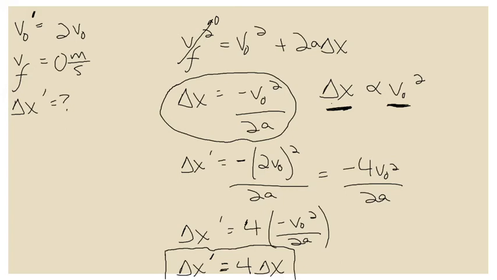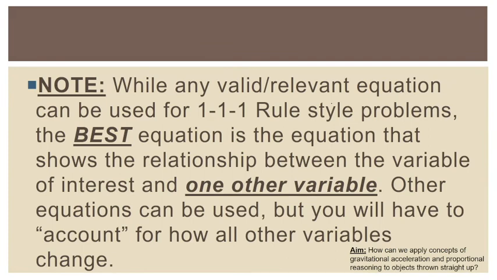And so before we move on to show how this works with the displacement equation, I just want everybody to take a moment to write this down. Note, while any valid or relevant equation can be used for 1-1-1 rule style problems, the best equation is the equation that shows the relationship between the variable of interest and one other variable.